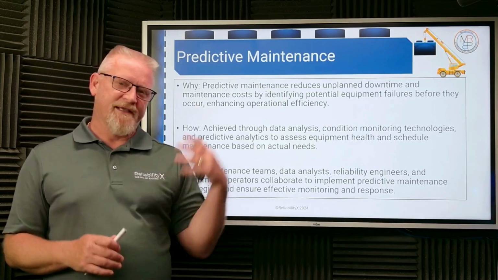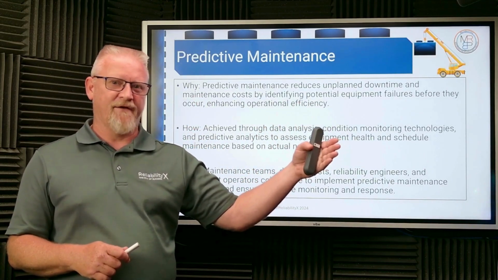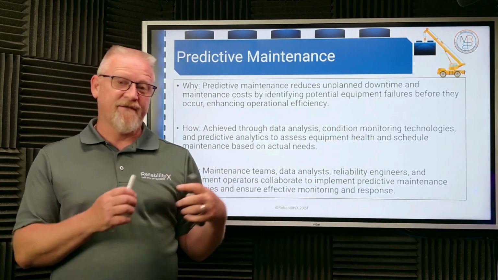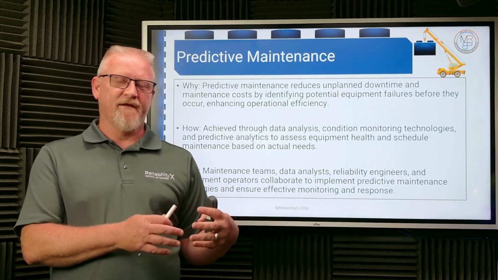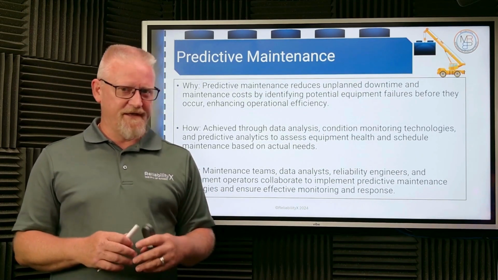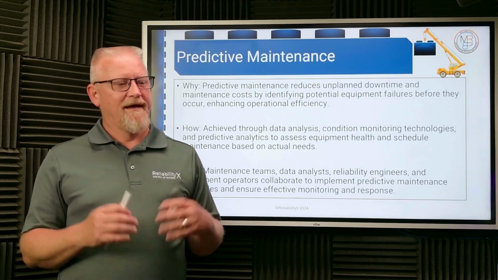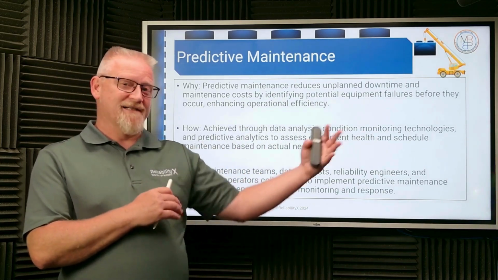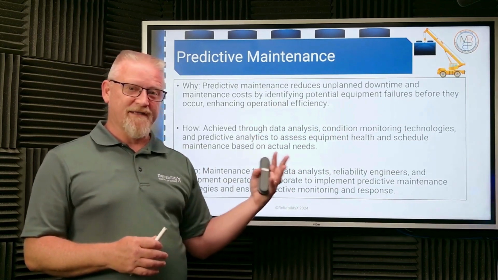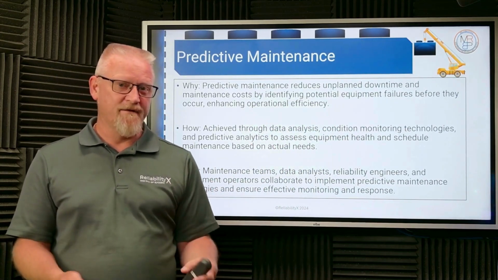They do that by giving you a forecasted understanding of impending failure so that you can make the replacement of a component when it is most convenient for the operation. Will it always be convenient? No. However, you want a maximum planning window, and predictive technologies give you a maximum planning window.